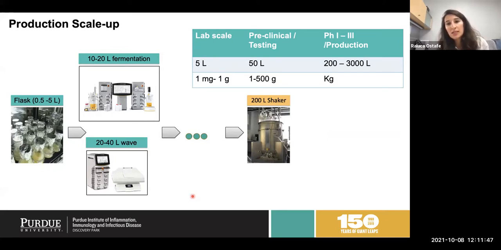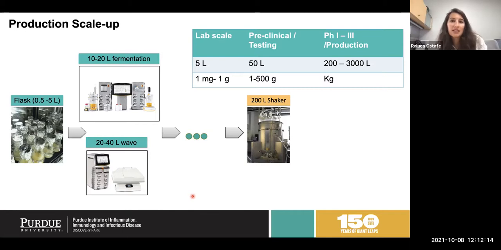Our fermenters are bought from a company, Sartorius, that is one of the most commonly used in industrial environments, and their fermenters offer ease of scale-up, so that the conditions set up at this small fermentation scale can be easily adapted for large production later on.